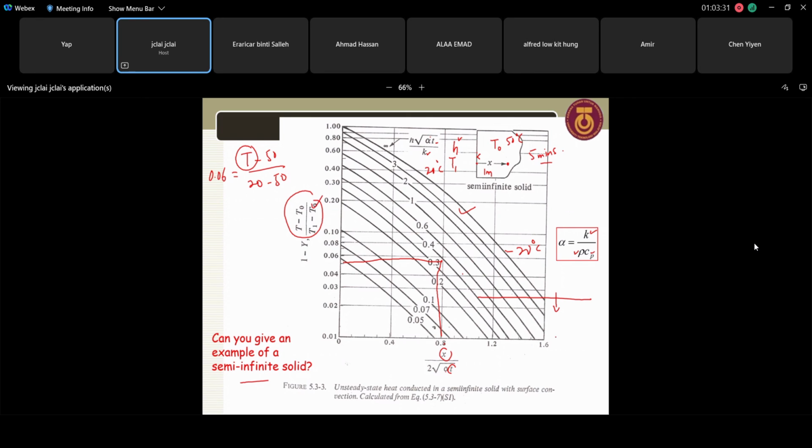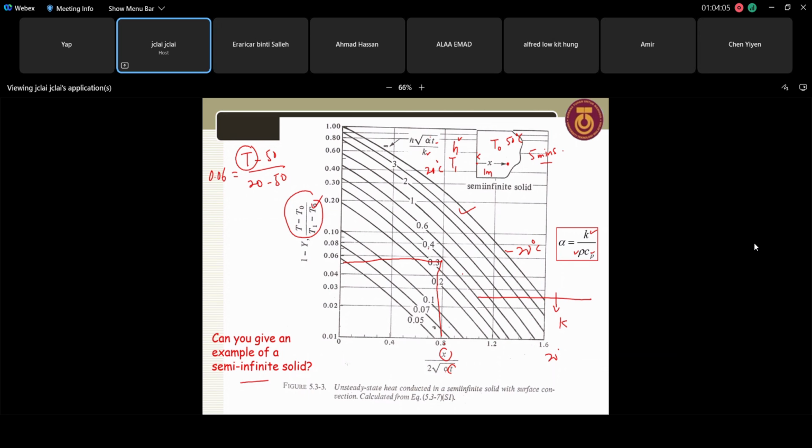If you go very deep, the temperature might still remain at 20 or even hotter, because the ground is not a good conductor, the K value is not very high. So this ground can be assumed as a semi-infinite solid.